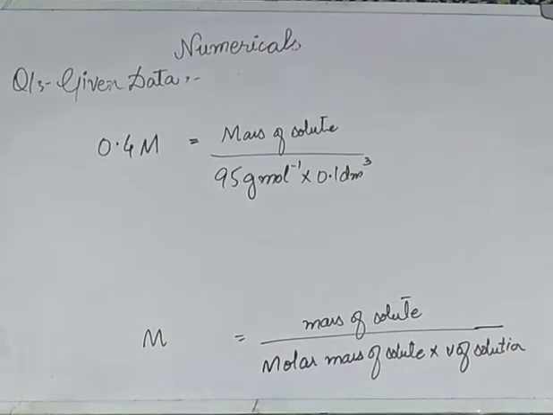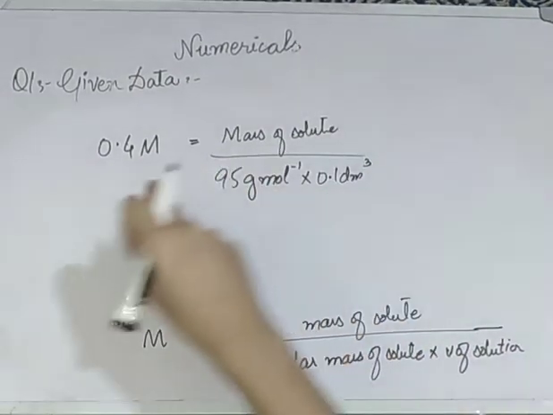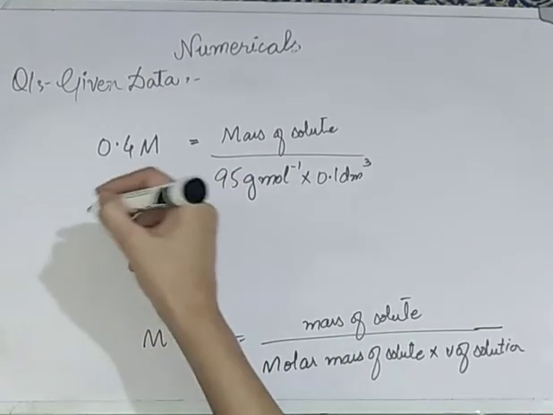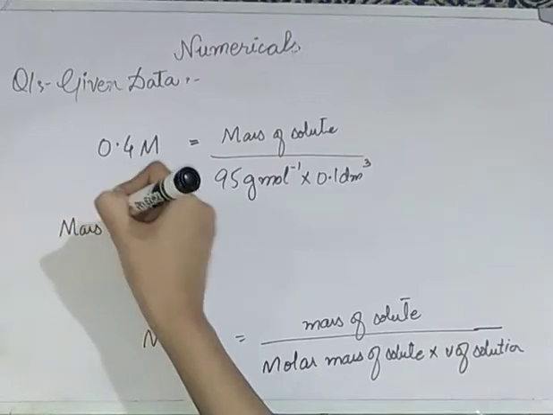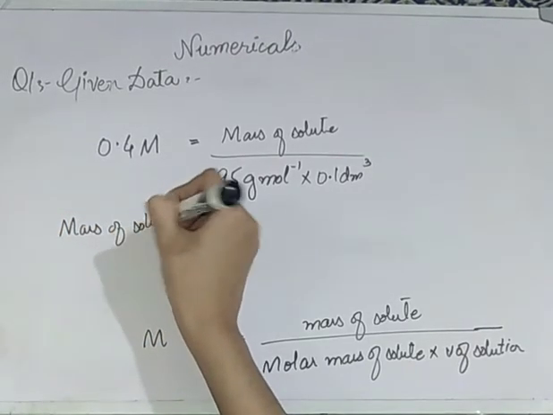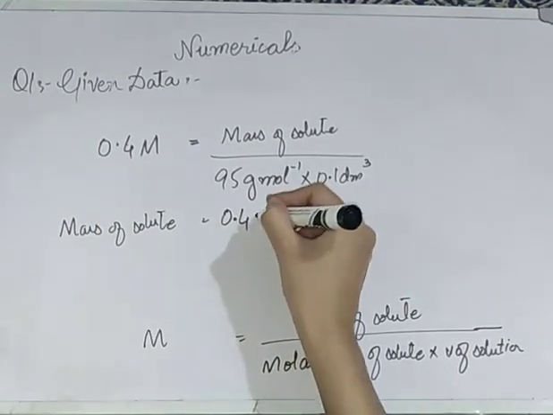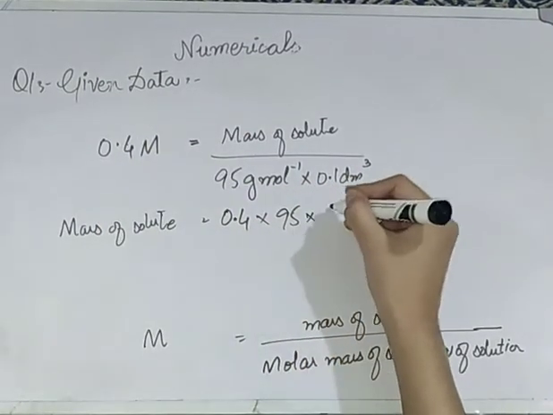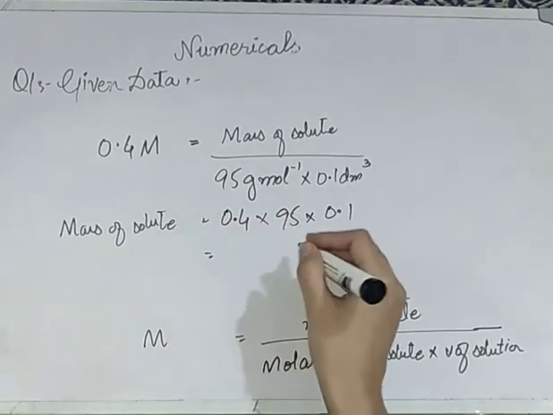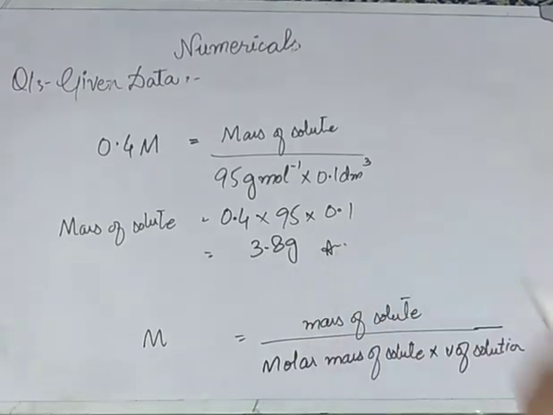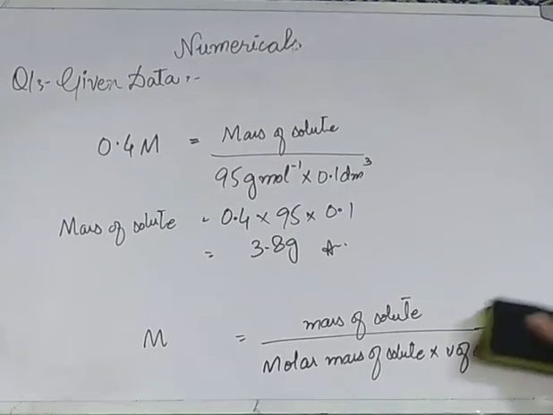So we'll change the positions. The mass of solute will come to this side of the equals. 0.4 will be multiplied by 95 multiplied by 0.1. When we calculate it, we'll get the answer as 3.8 grams. It was a very simple question. We just have to apply a formula, put the values in the formula, and the question is solved.